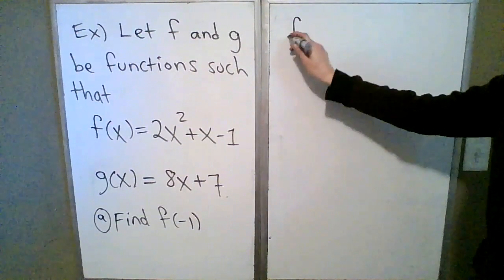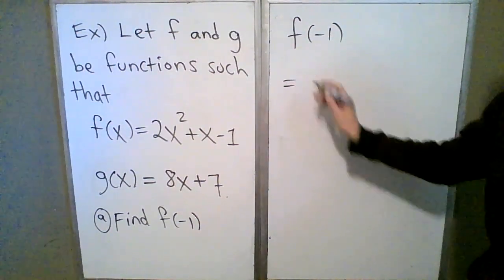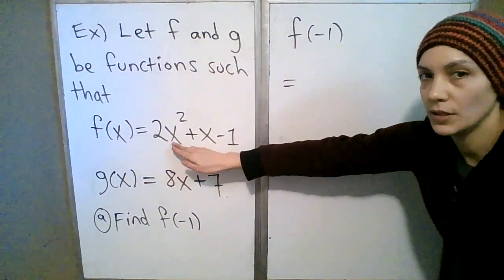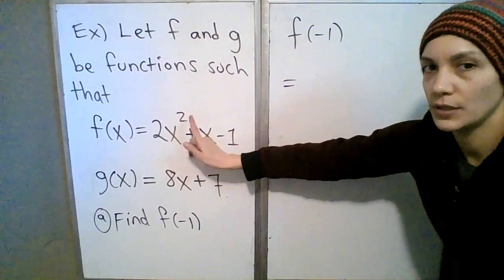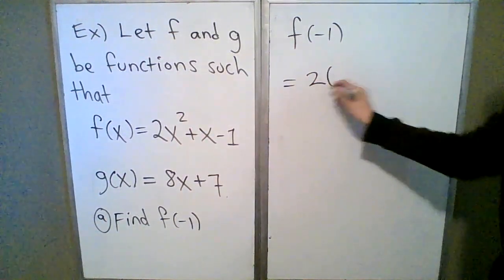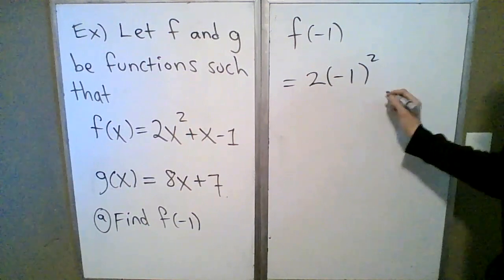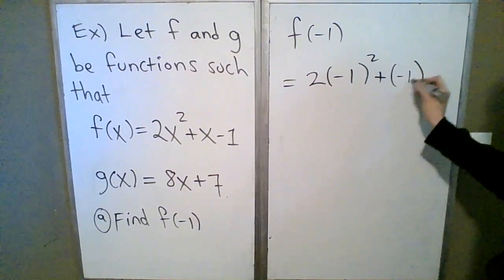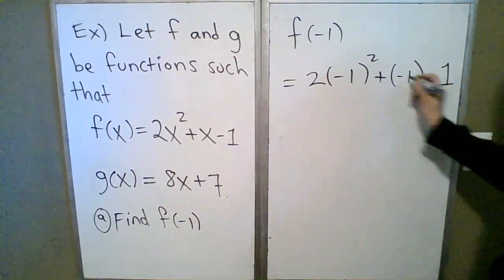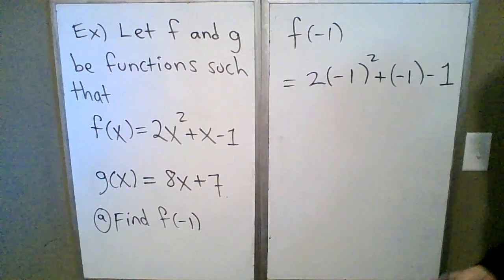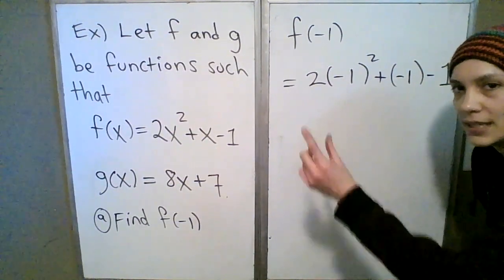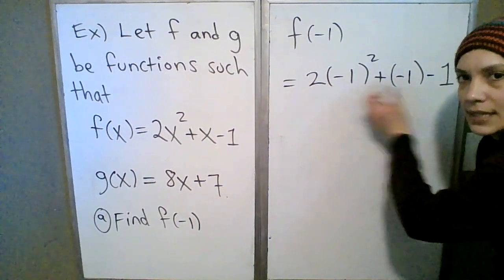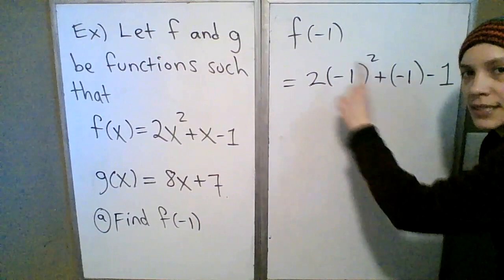So f of -1 would be 2 times some input squared, the input is -1, plus this input of -1, minus 1. Again, take each x value, put parentheses there, and inside the parentheses put your input.